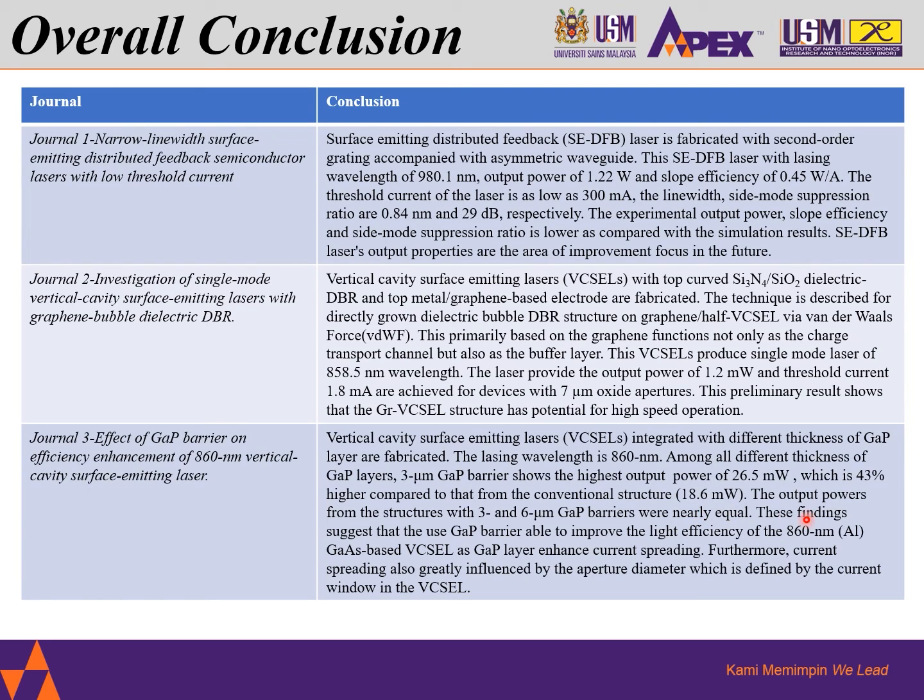The output powers from the structures with 3 and 6 micron gallium phosphide barrier were nearly equal. These findings suggest that the use of gallium phosphide barrier is able to improve the light efficiency as the gallium phosphide layer enhances the current spreading. Furthermore, current spreading is also greatly influenced by the aperture diameter, which is defined by the current window in the BCSEL.